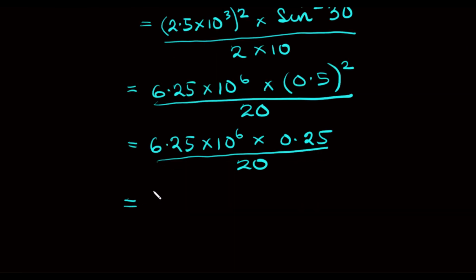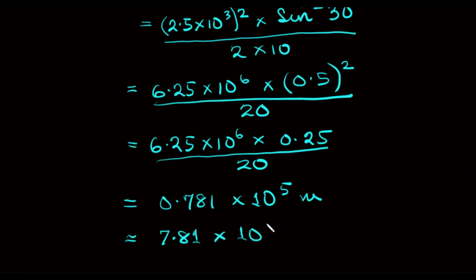Further evaluation of this gives us 0.781 times 10 raised to the power 5 meters, which is 7.81 times 10 raised to the power 4 meters. So from our answer, we can tell that the maximum height that was attained by the shell is 7.8 times 10 raised to the power 4 meters.